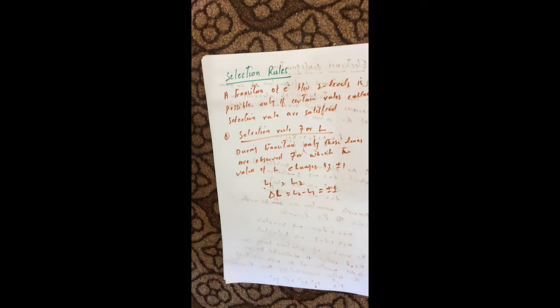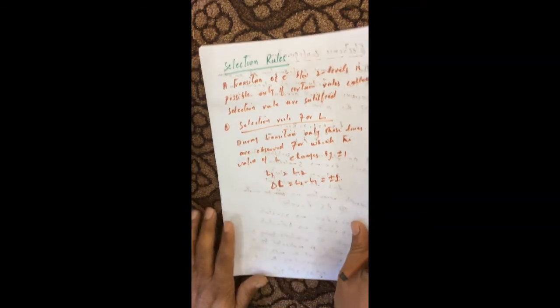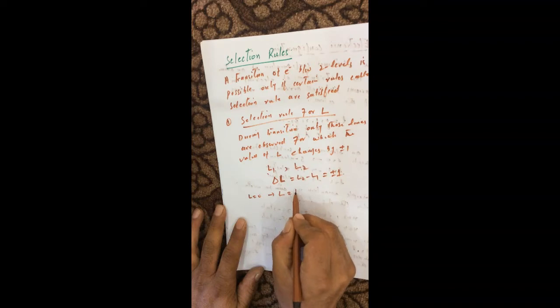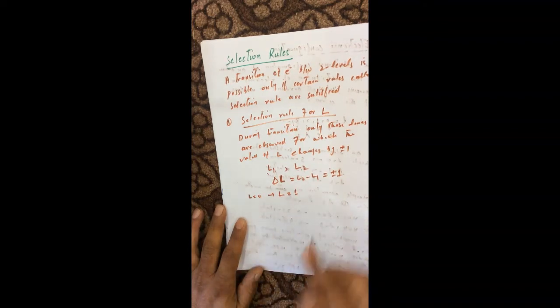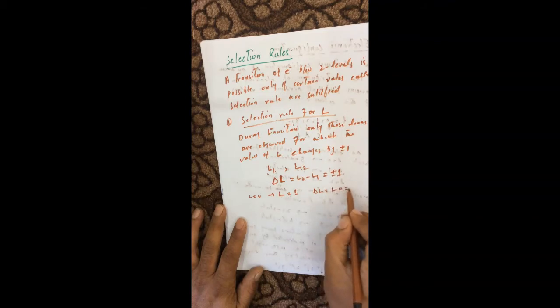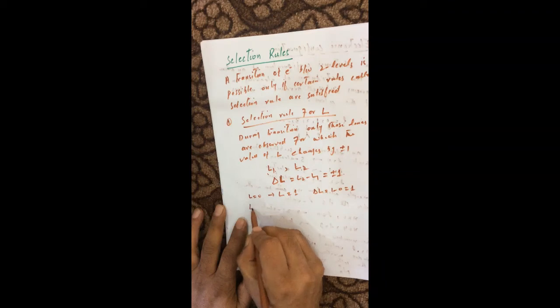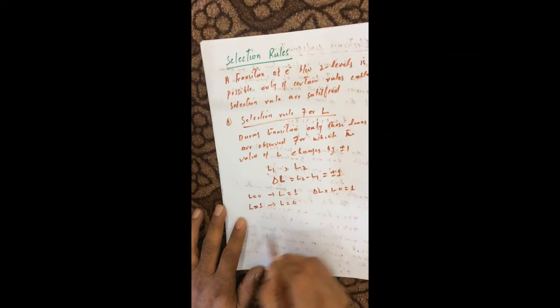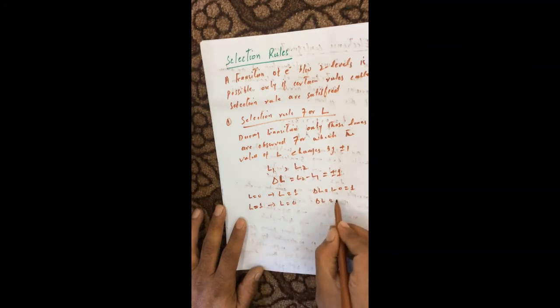For example, an electron can jump from an energy level with L value 0 to L value 1, because delta L, which is 1 minus 0, is equal to 1. It can jump from L equal to 1 to L equal to 0, because delta L is minus 1.